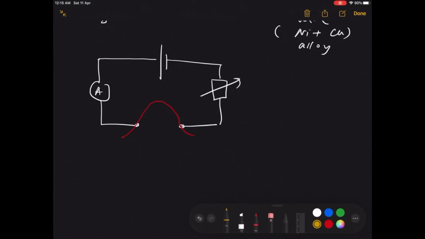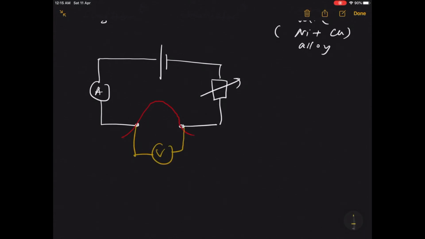And you need to have a voltmeter. So by changing the current, the voltage will respond accordingly. And you can plot a graph. Let's say you want to plot a V versus I graph.